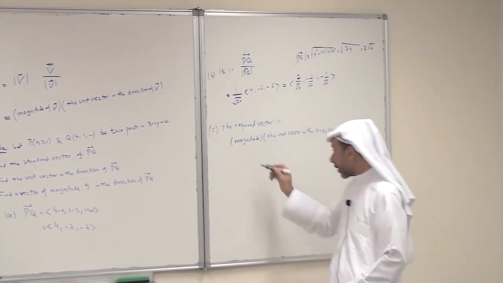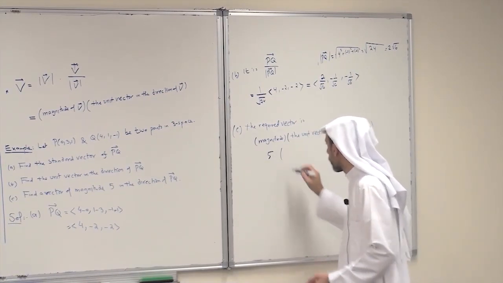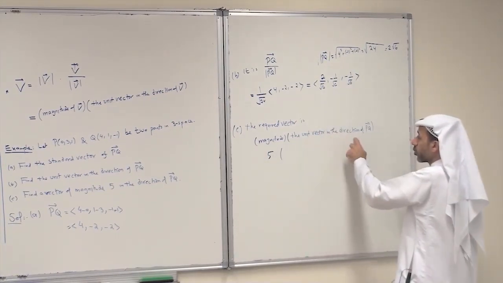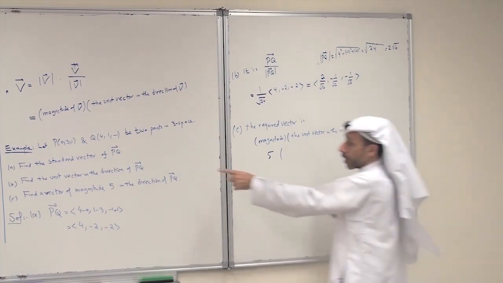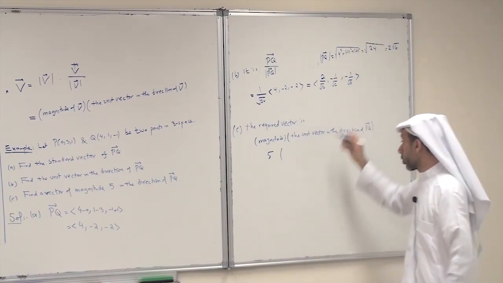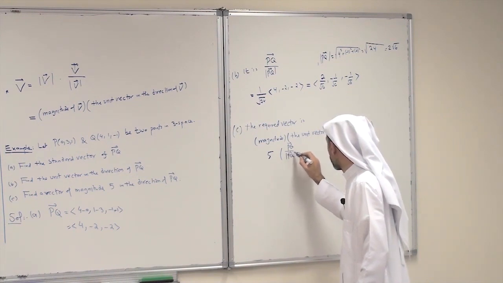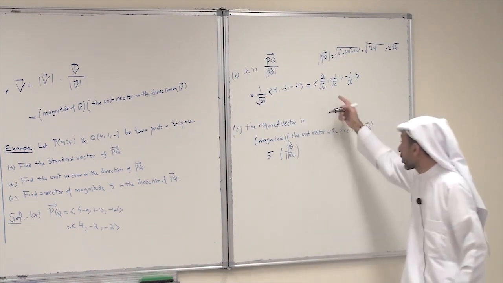The magnitude is given, it is 5, times the unit vector in the direction of PQ, which was calculated in part B, which is just PQ over its magnitude. So we just put it here. This is the direction which was calculated there.